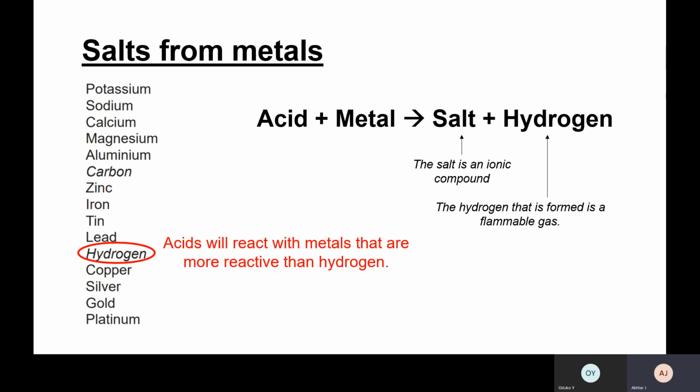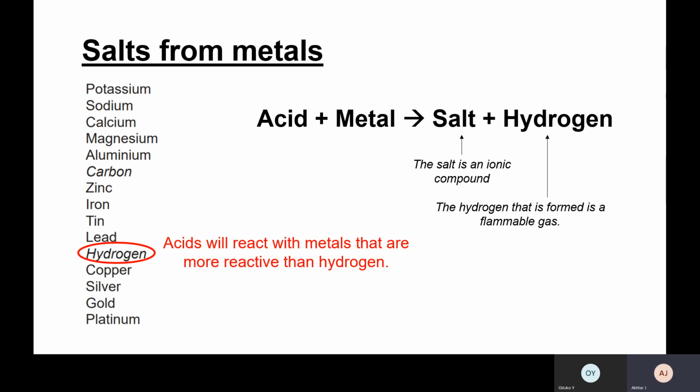Okay, so the salt formed is an ionic compound, and the hydrogen essentially just disperses off the top as a flammable gas. So this is quite a common reaction in the manufacture of different salts.